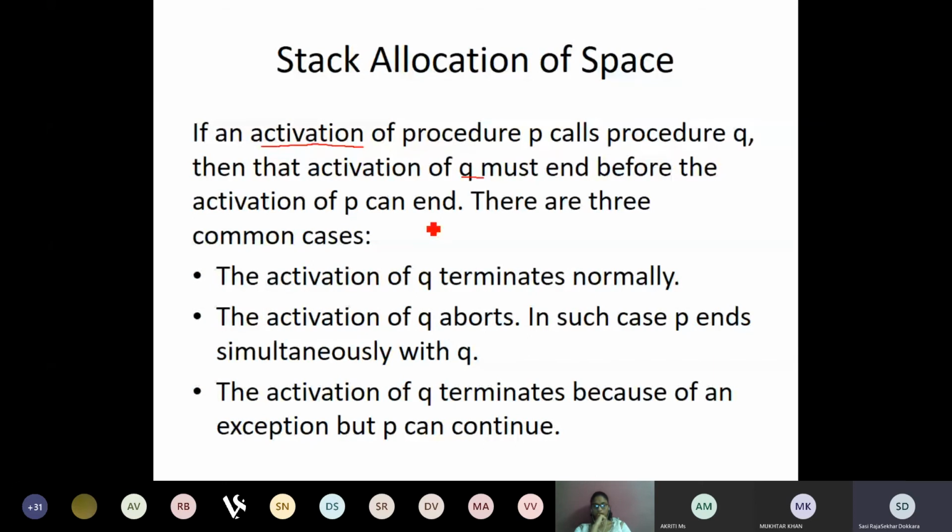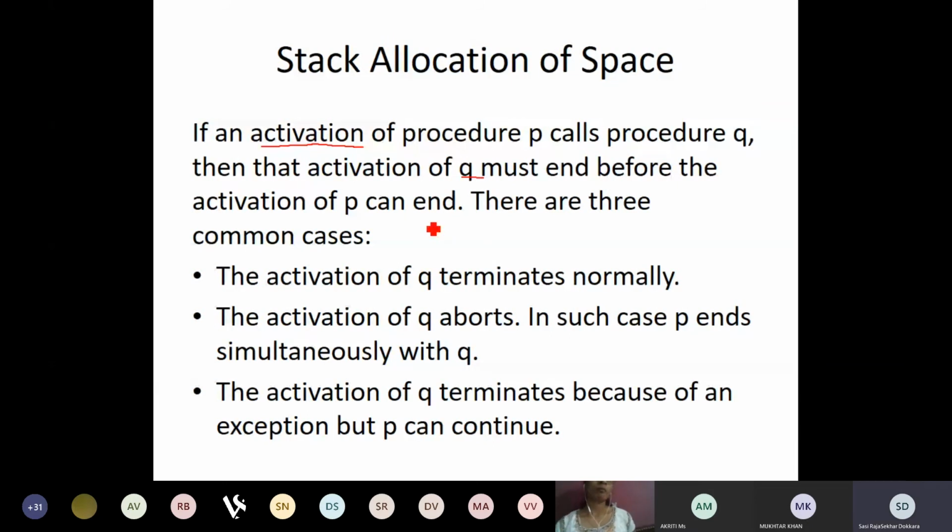There are three common cases that can happen. Some can be handled, some cannot be handled. The first is that the activation of Q terminates normally. It returns back to P, and P's activation is going to follow, and that is also going to terminate normally. Case number 2 is that the activation of Q aborts abruptly.